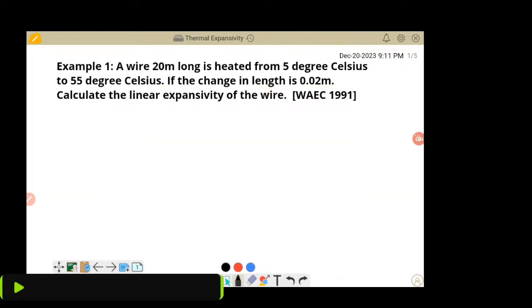You can see from our example 1, the question says a wire 20 meters long is heated from 5 degrees Celsius to 55 degrees Celsius, and the change in length is 0.02 meter. We have to calculate the linear expansivity. The first thing we need to do is write out the given parameters.